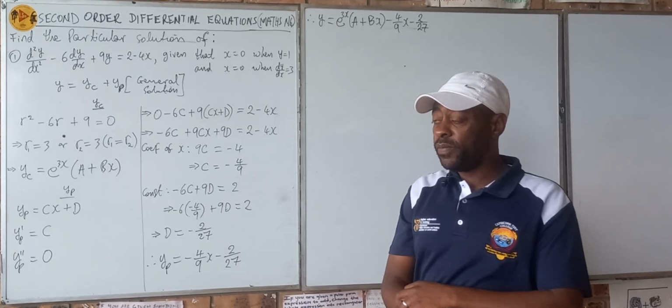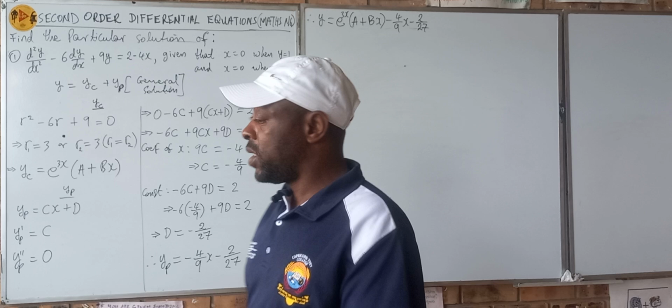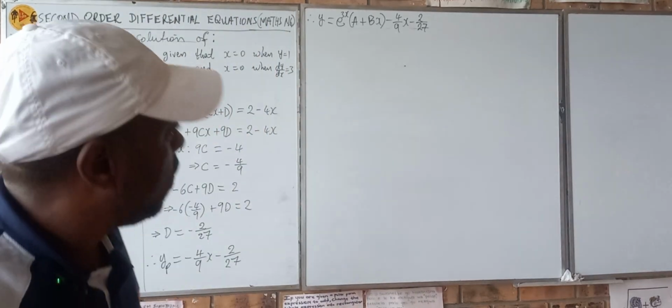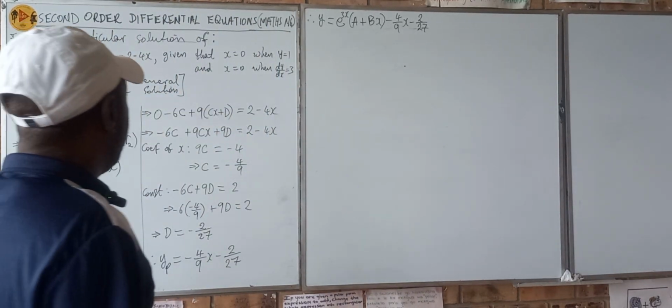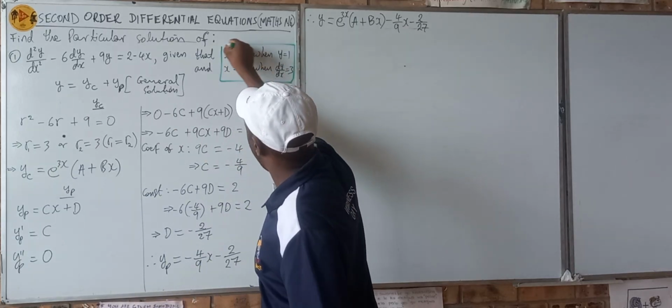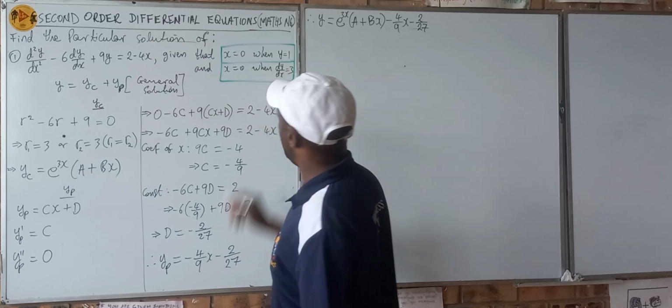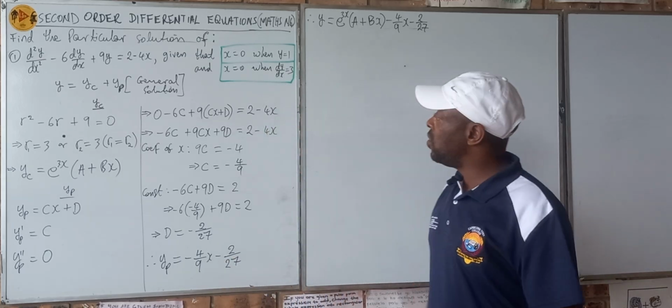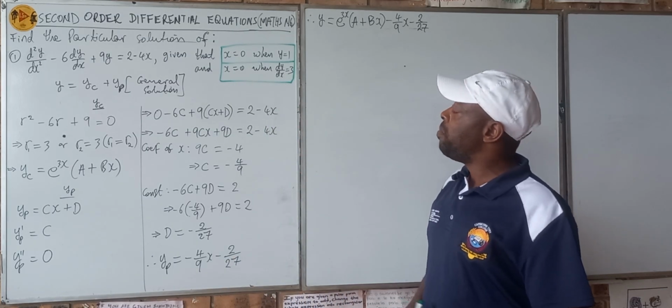So if you check, you'll see that so far, we didn't touch the two conditions. These two conditions here, we've not touched them. We only use them when you are doing a particular solution.